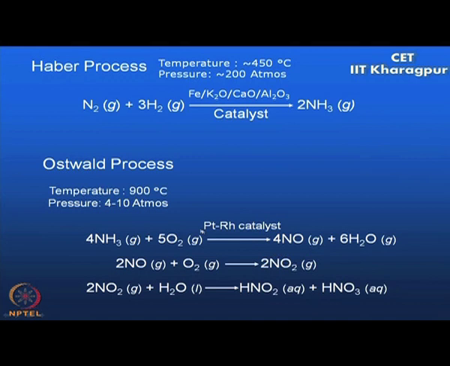If you do not provide these, again it is a problem, you do not get this. So, under this condition, in the presence of the catalyst, this reaction occurs to produce nitric oxide and further reactions. So, catalysts are of tremendous importance in chemical processes.